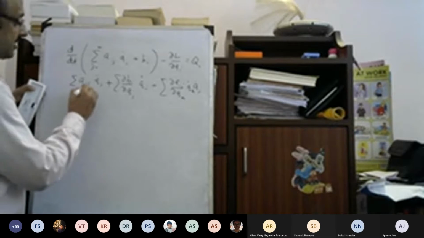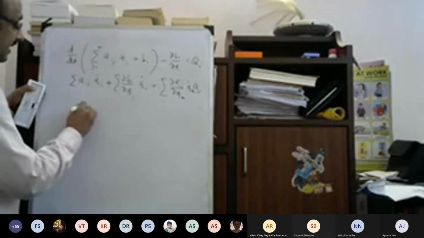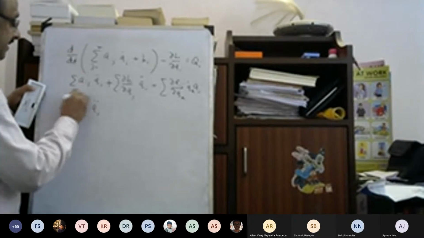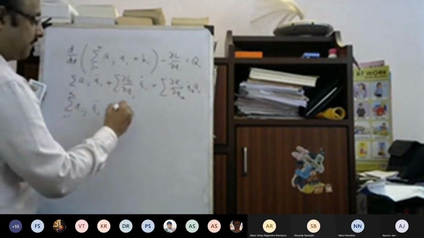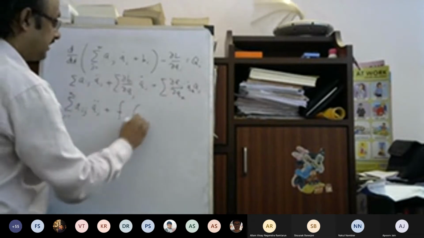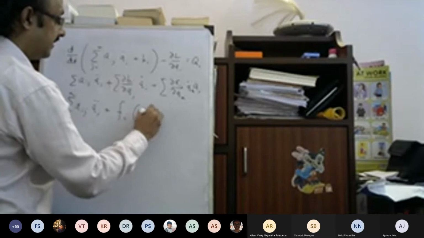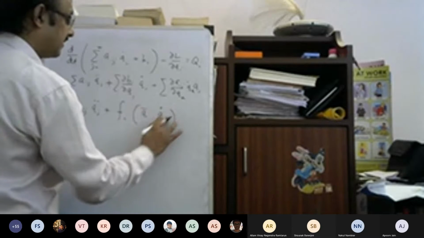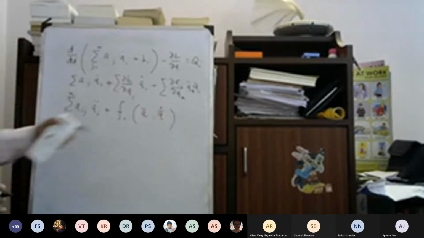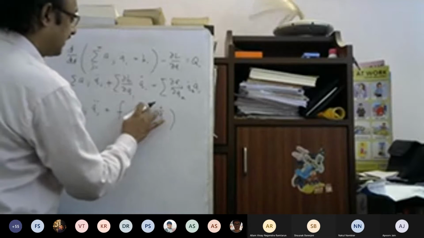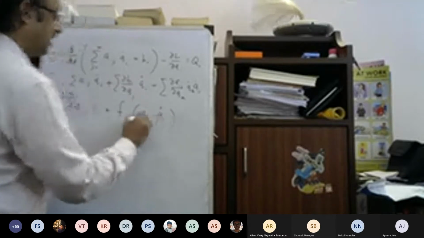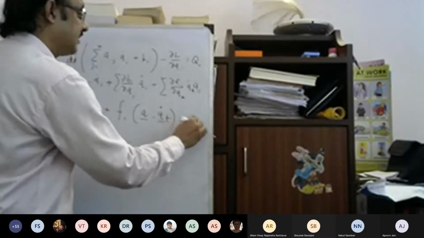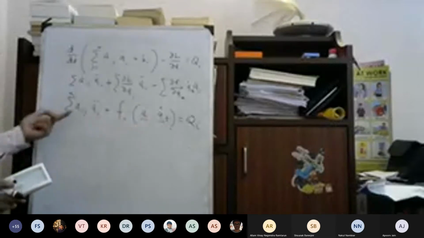So in general, the equation of motion will have Aij qj double dot, j equal to 1 to n, plus Fi, which is a function of q and q dot, maybe time also, and this equals Qi. This will be the general form of the equation.